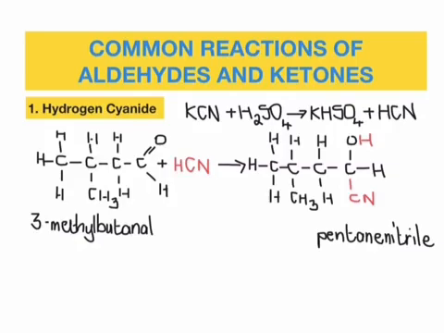The resulting compound has two functional groups, the CN functional group and the OH functional group. But the CN functional group has higher priority than the OH functional group. So the name is a nitrile, so it gets position number 1. So there's 1, 2, 3, 4, 5, so that's pentanenitrile.